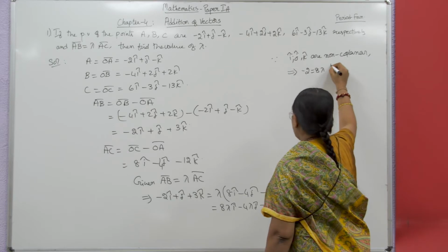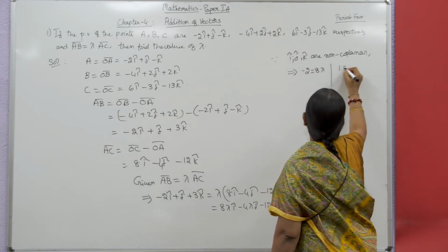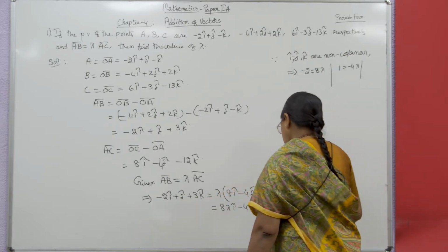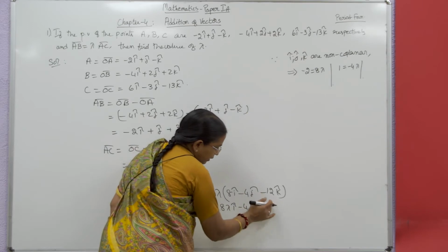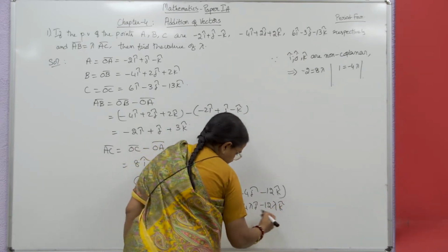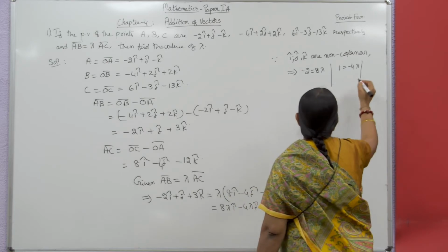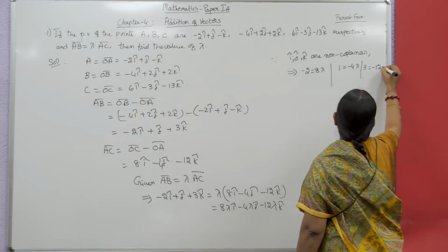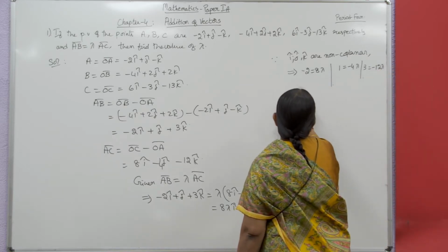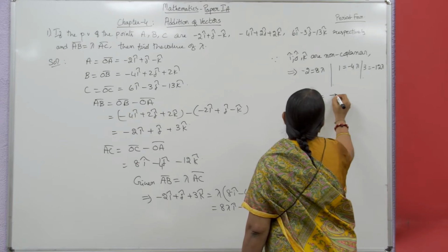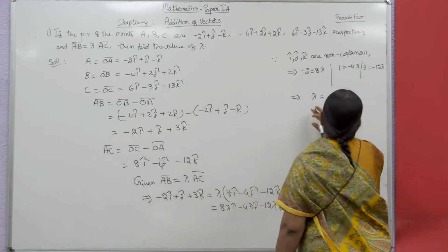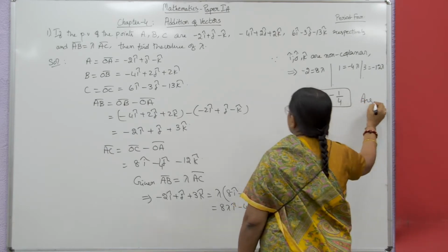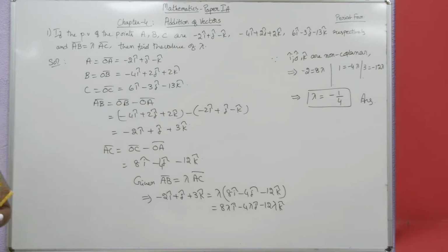You can take any one, or you can take 1 is equal to minus 4 lambda, or you can take 3 is equal to minus 12 lambda. Any one is enough. From all the three equations you will get lambda as minus 1 by 4. So this is your answer. Like this we do this problem.